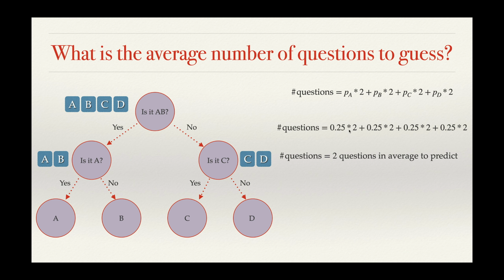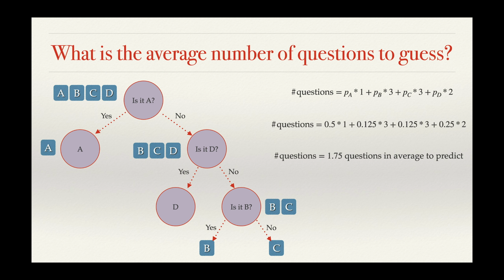Adding to that 0.25, same for B, same for C, same for D. All of them need 2 questions. So the average number of questions to predict the outcome of machine 1 is equal to 2.